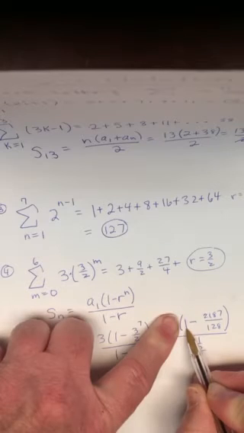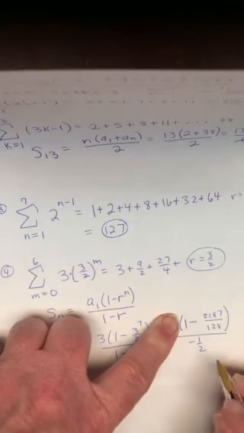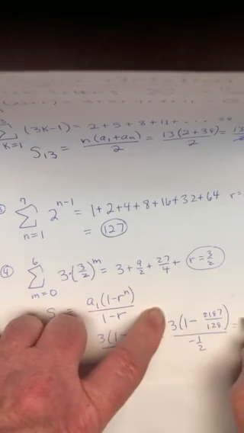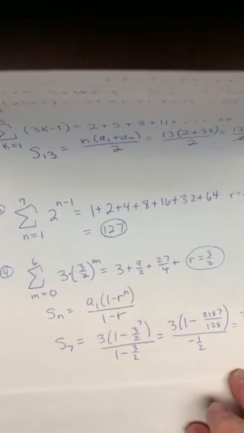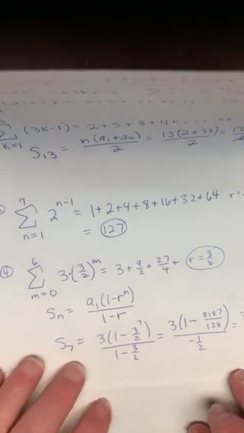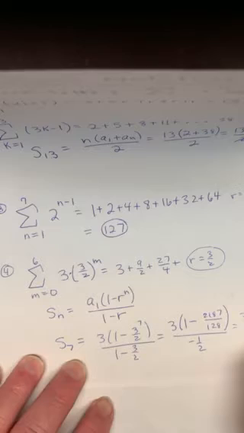Oh, gosh. So 128 over 128 minus 2187 over 128 gives me, this is going to be 3 times, okay, I'm going to do 128 minus 2187, and I'm going to get negative 2059 over 128, all divided by negative 1/2.